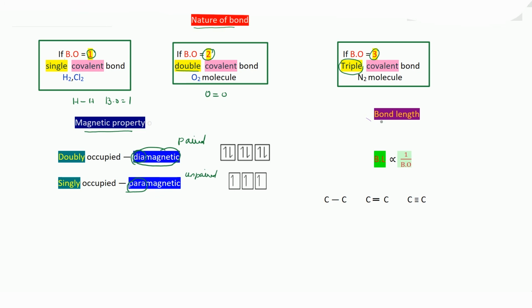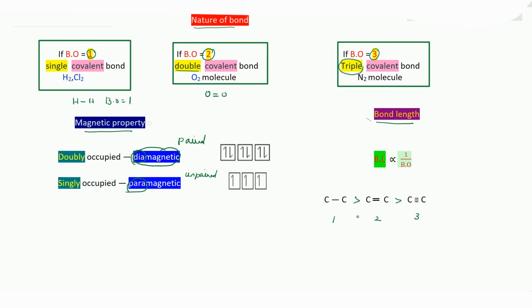Then from bond order, we can know the bond length, because the bond length is inversely proportional to bond order. For example, you take carbon single bond carbon, carbon double bond carbon, carbon triple bond carbon. Here the bond order is 1, here 2, here 3. The carbon-carbon single bond length is always greater than the carbon-carbon double bond, which is greater than the carbon-carbon triple bond.